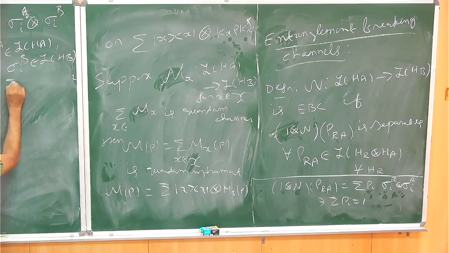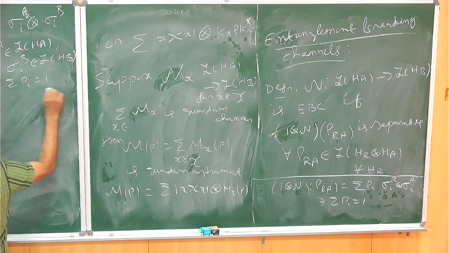And summation p_i equals 1. They are numbers adding to 1. We have assumed the Choi matrix is separable, so that's what I'm using. These are numbers p_i.